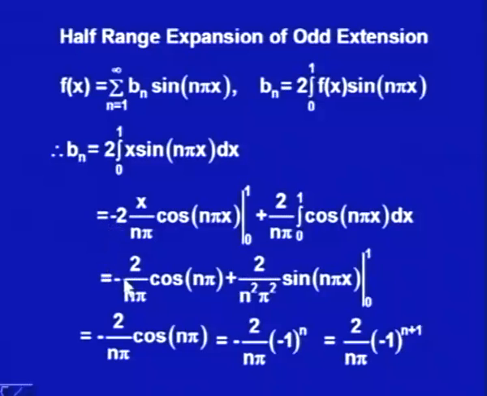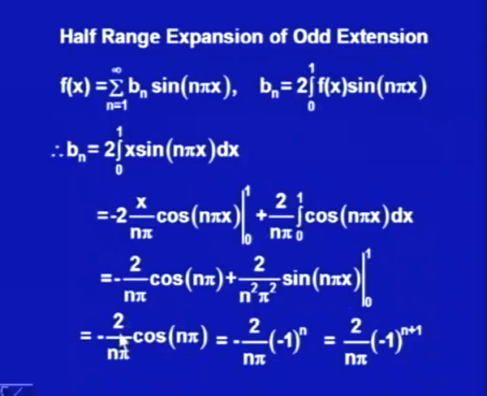So we would be getting minus 2 upon n pi cos n pi plus this integral is sin n pi x over n pi. So we will get 2 upon n square pi square sin n pi x from 0 to 1. When x is equal to 1, we get sin n pi, and when x is equal to 0, we get sin 0. Both values are 0, so we are not getting anything from here.